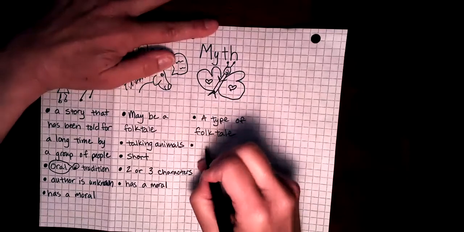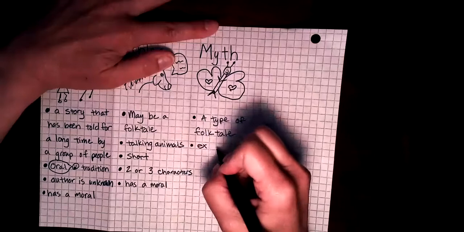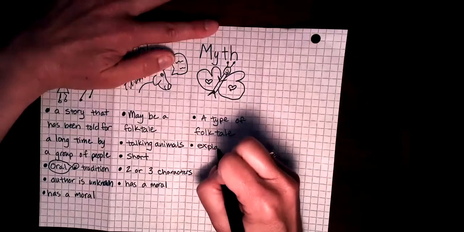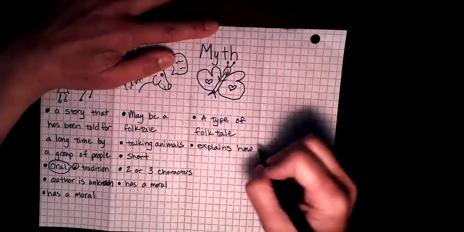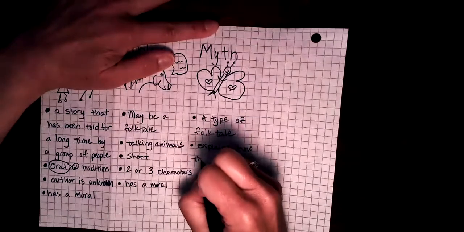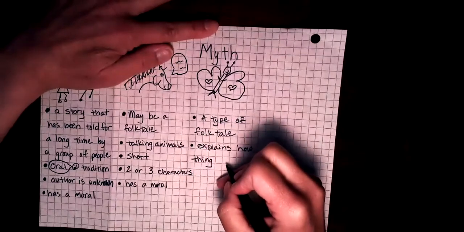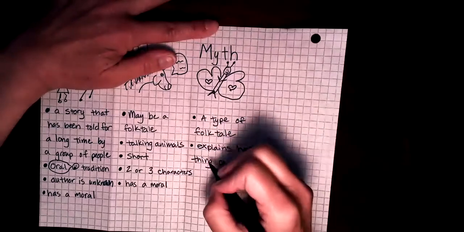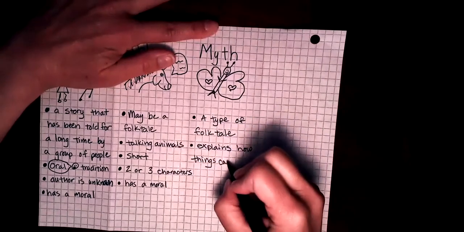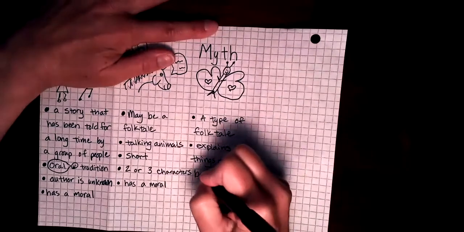We're just going to write that because I don't know how to shorten that up. It explains how things, maybe the world or a certain city, came to be.